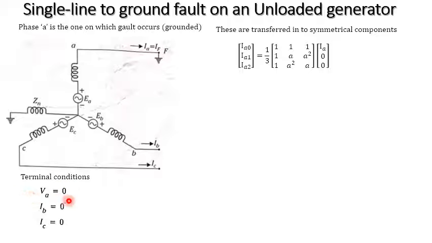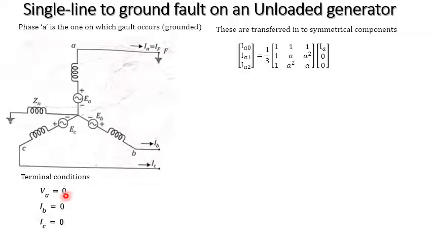You can see that IB and IC are 0. So it is going to be very easy for us to calculate the symmetrical components for the current, because for two phases the value of the current is 0, whereas for the voltage only one condition is 0.